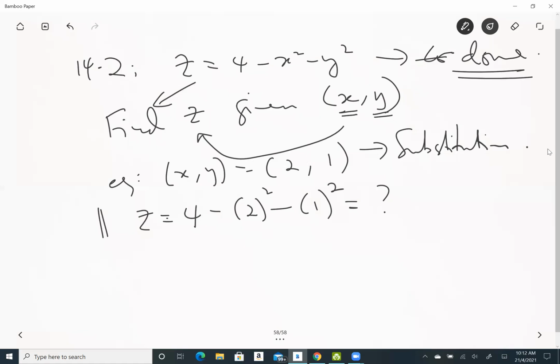So that's why you call it partial. It's not a total derivative. It's partial because there are two or more independent variables, and at one time, we differentiate only with respect to one.